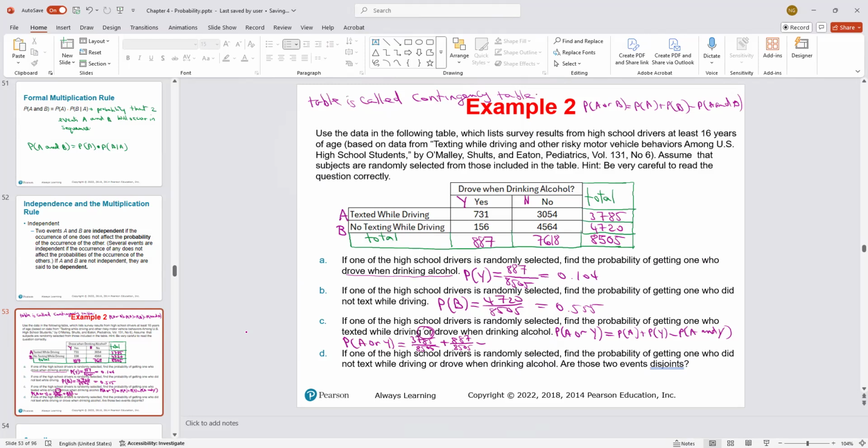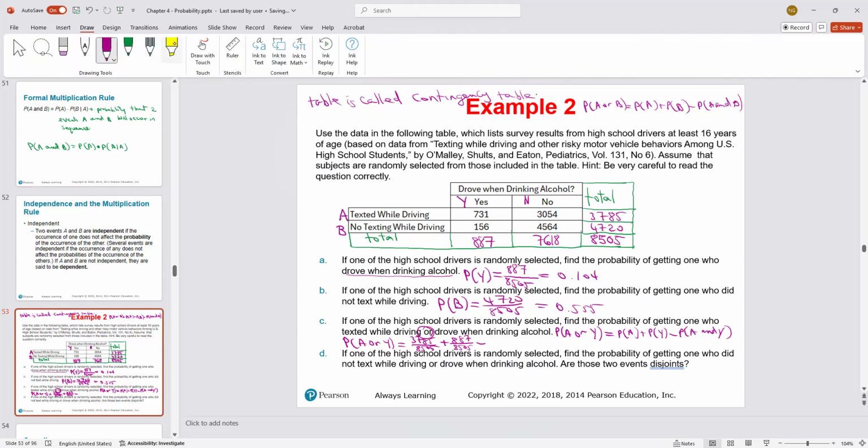What is the intersection of text while driving and drink alcohol? This is it. That's the intersection. So we need to remove anything that would overlap. So we take 731 over 8505.